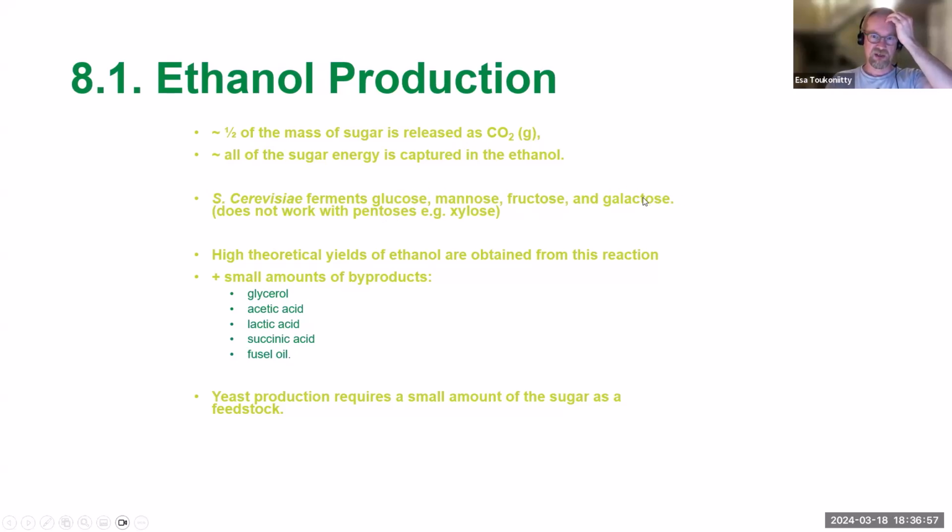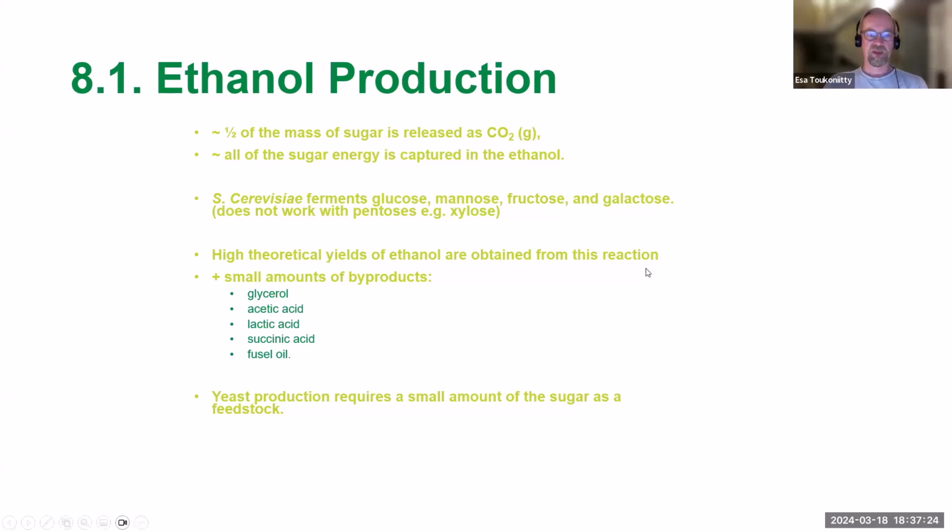These others are 6 carbon sugars and the yeast cannot digest or process the pentoses any further. So that is lost material, or it can produce problems when separating the products, so that there is unreacted sugar in the mixture.